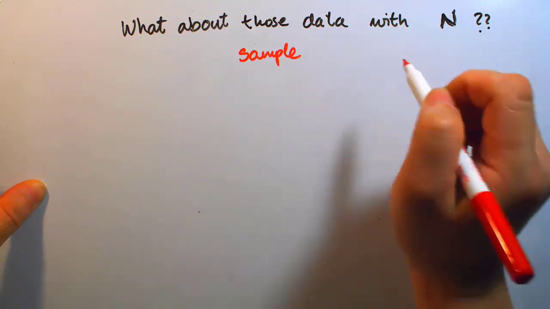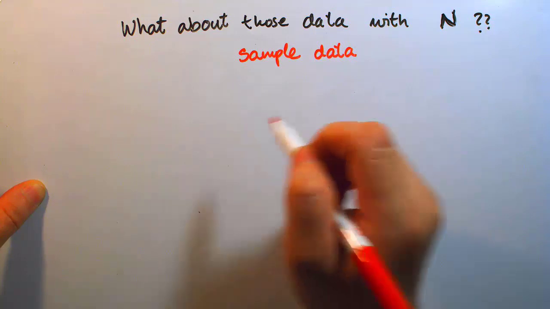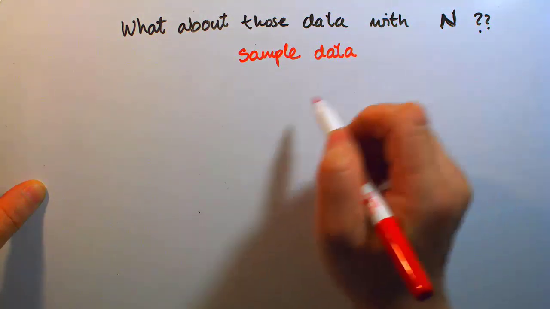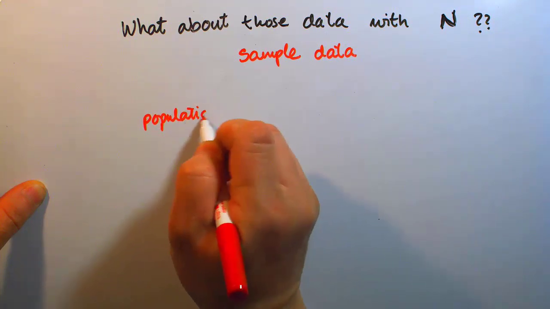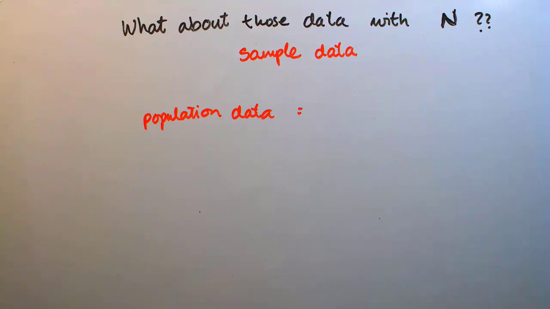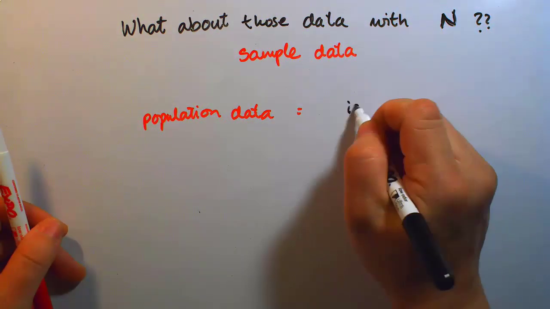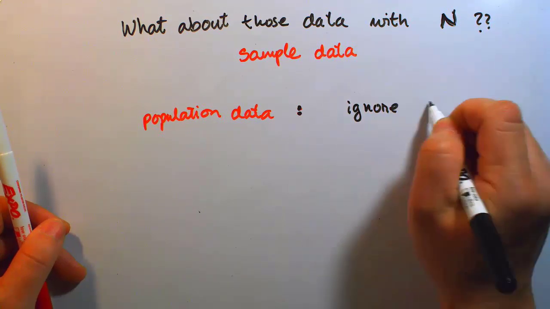So data having an n count is now regarded as sample data versus population data. We just learned that for population data we must ignore n.